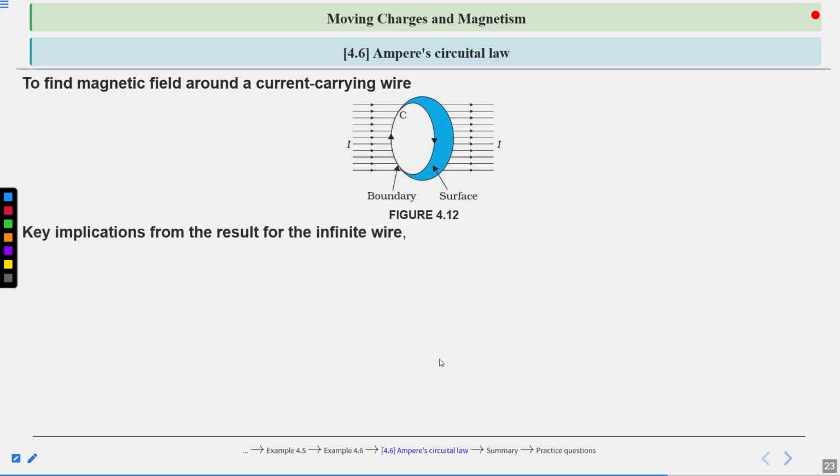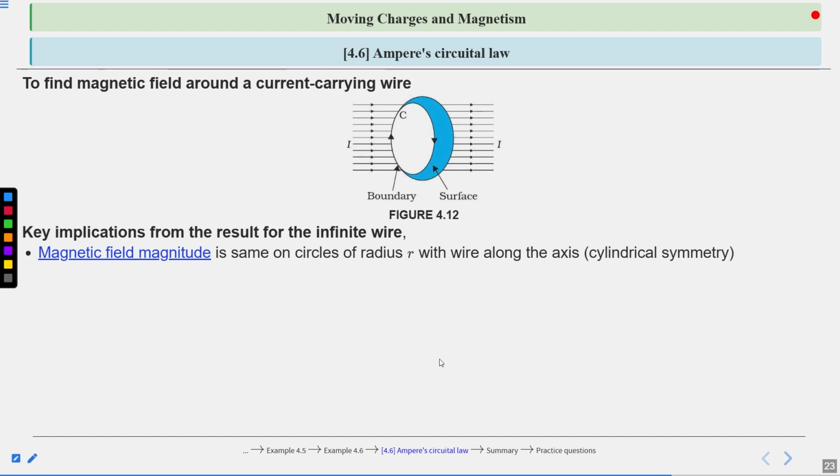So we have derived the magnetic field for the infinite wire. What are the key implications from the result? The magnetic field magnitude is the same on circles of radius r with the wire along the axis, cylindrical symmetry. If we consider a wire, the magnetic field will be in the form of concentric circles around the cylindrical wire.